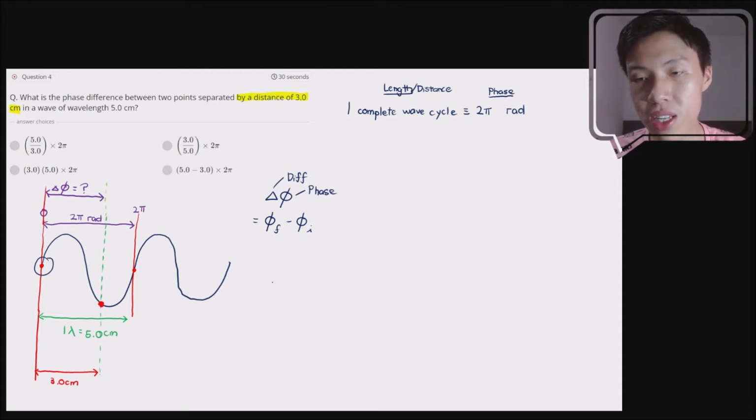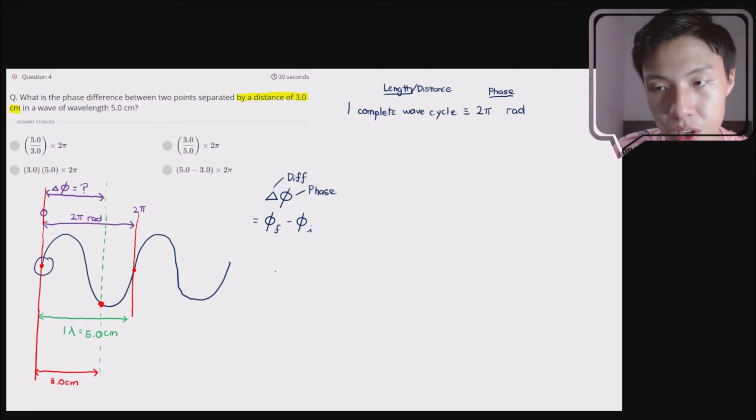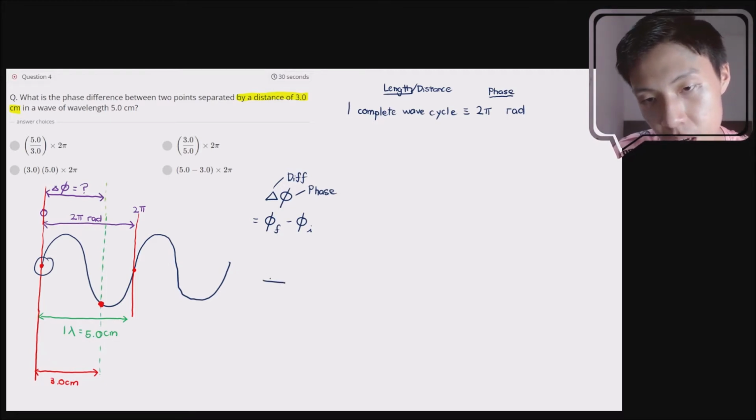Okay, so the idea that we will be using right now is a ratio, actually. We know that if you complete an oscillation, you undergo a phase difference of 2 pi.